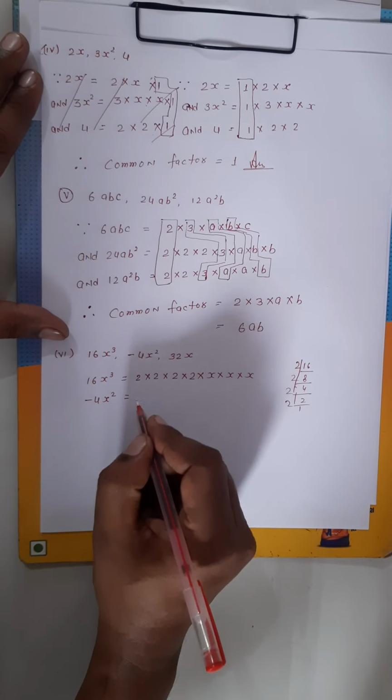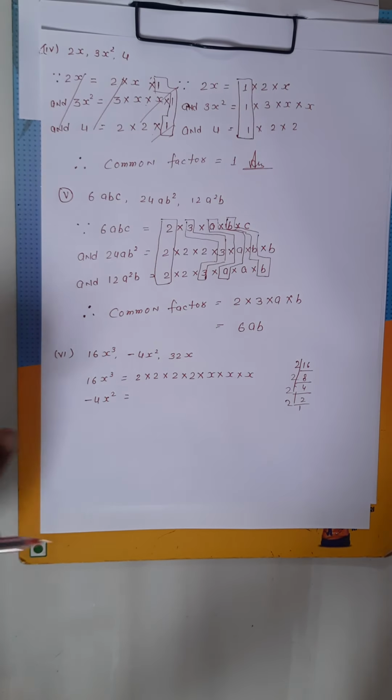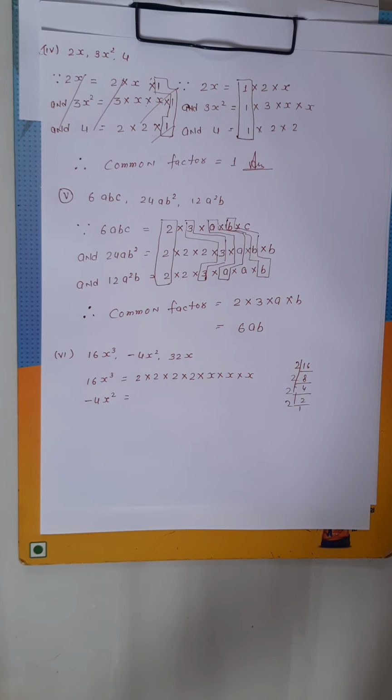Since there is a minus sign here, we have to separate the minus sign from the positive part, so that we can easily take out the minus number, or we can remove this minus sign.